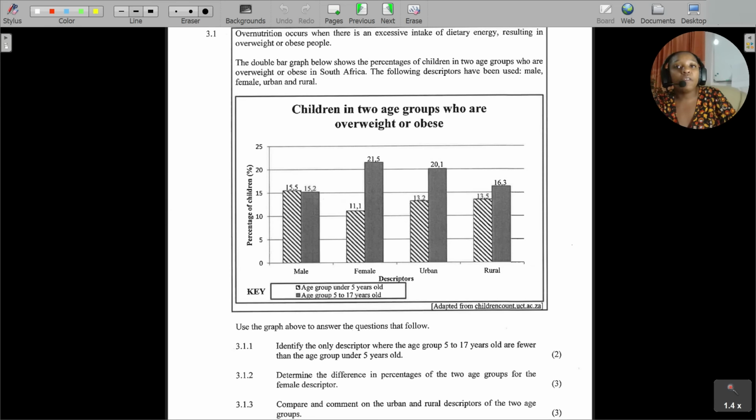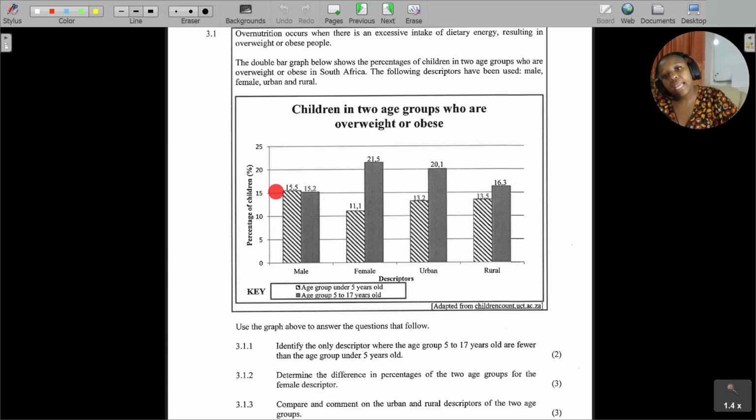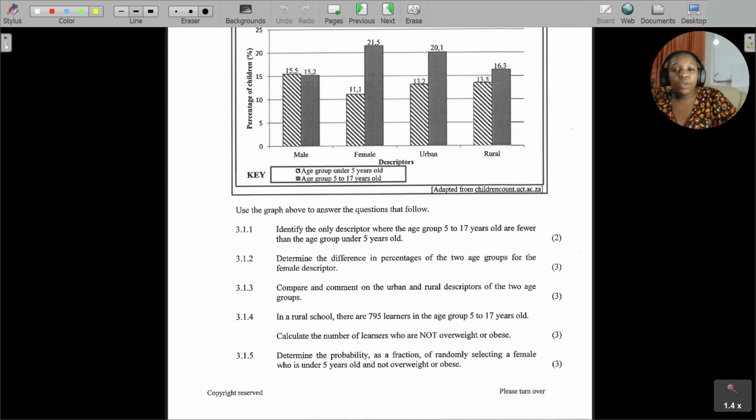The following descriptors have been used: males, females, urban, and rural. So we can see here on the y-axis, we've got the percentage of children. On the x-axis, you've got the descriptors. Okay, use the graph above to answer the questions that follow.